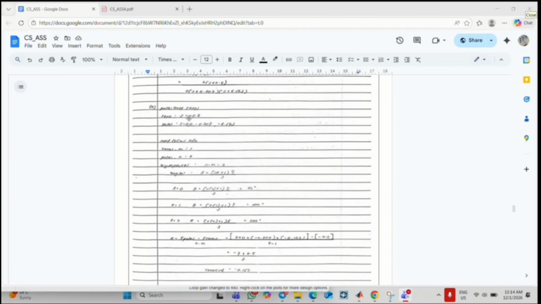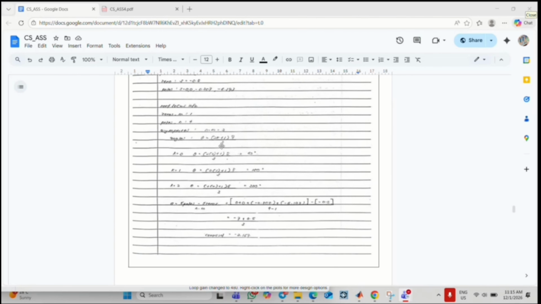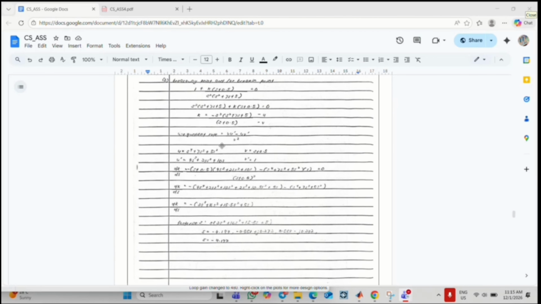Then the total number of poles is 4. The zero is at s equals negative 0.5. For the breakaway point, the breakaway is at negative 4.197, equal to negative 4.2.